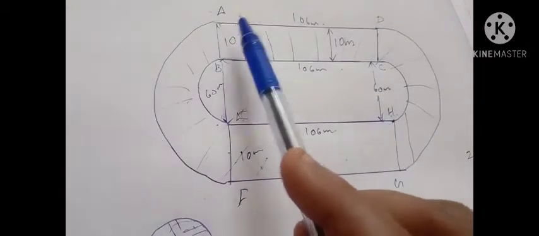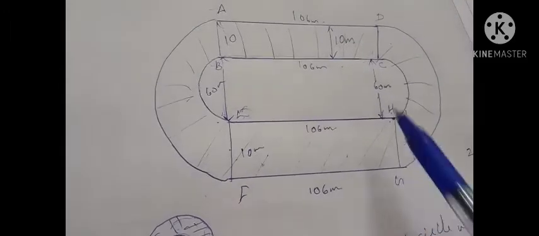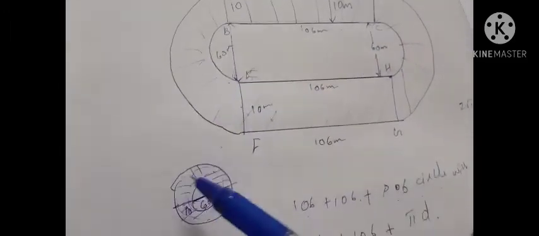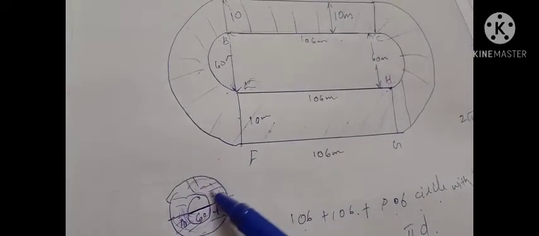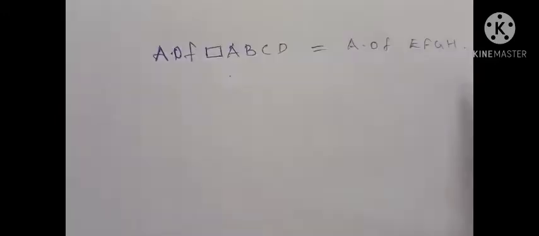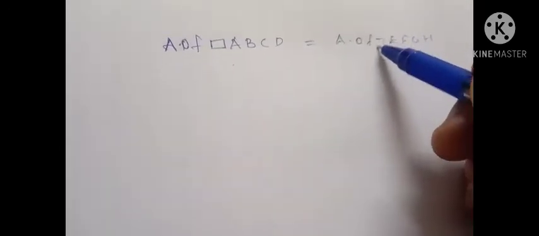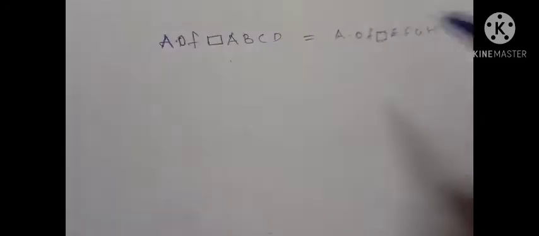So how will we get the area of the track? Area of rectangle ABCD plus area of rectangle EFGH, then the area of this ring plus the area of this ring. The area of rectangle ABCD is equal to the area of rectangle EFGH because their measures are the same.